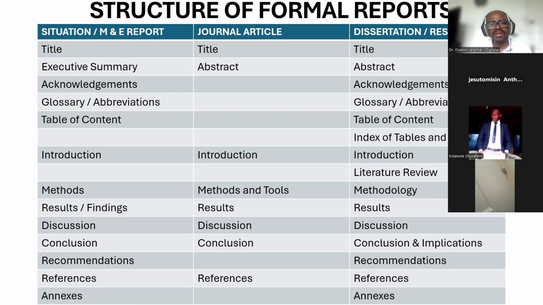All. But then they also contain other things that are specific to their reporting style or format. As an example, M&E reports or situation reports, baseline survey reports, usually contain an executive summary.